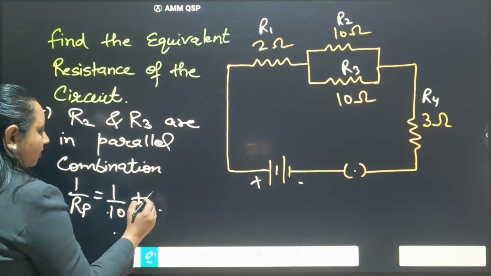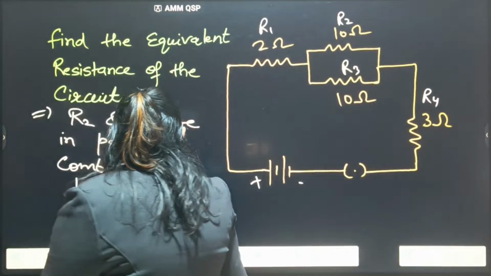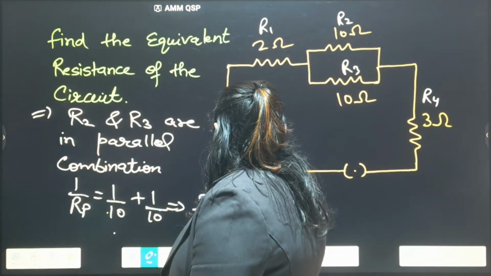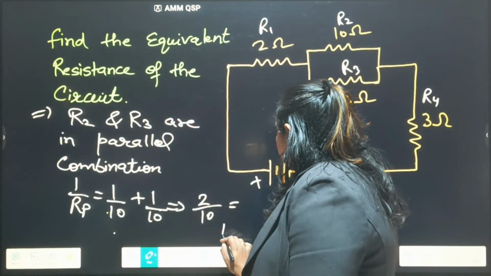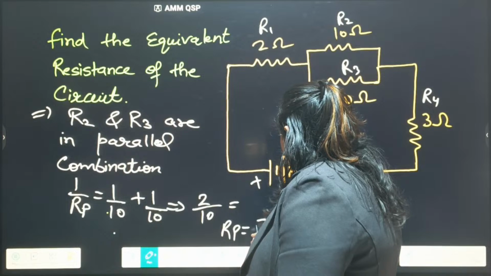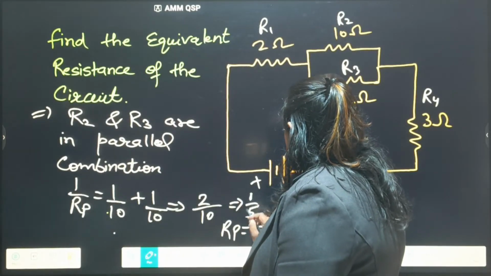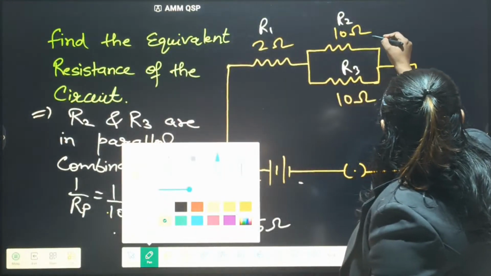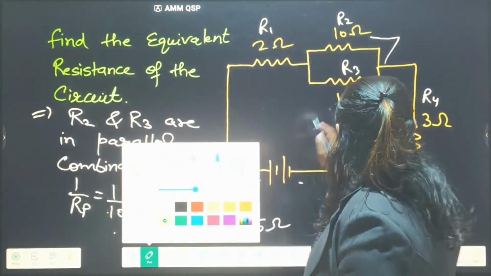LCM is 10. We have 2, that means 1 over 5. That means Rp is equal to 5 ohm. So the equivalent resistance of these two is 5 ohm.